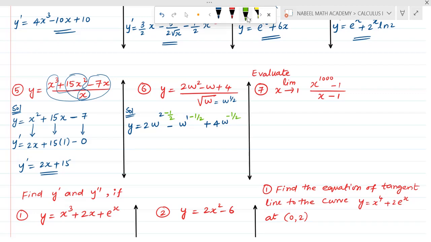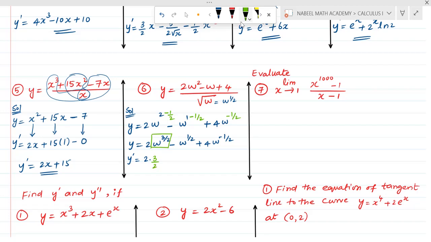So now what is the value here? Simplify. You will get 2 times w to the power of 4 minus 1, which is 3 over 2, next w to the power half, plus w to the power minus half. Now w prime is equal to, with the constant like a c, what is the derivative for this function?